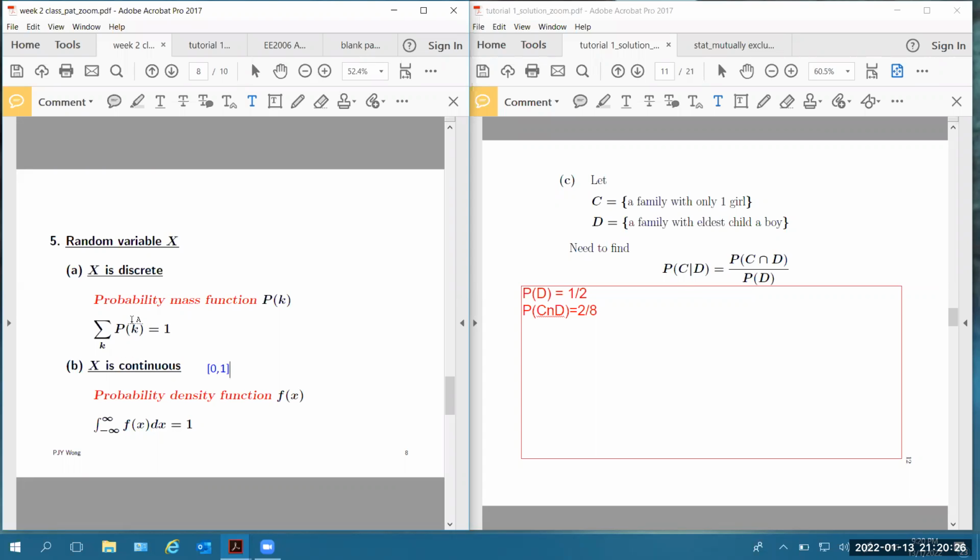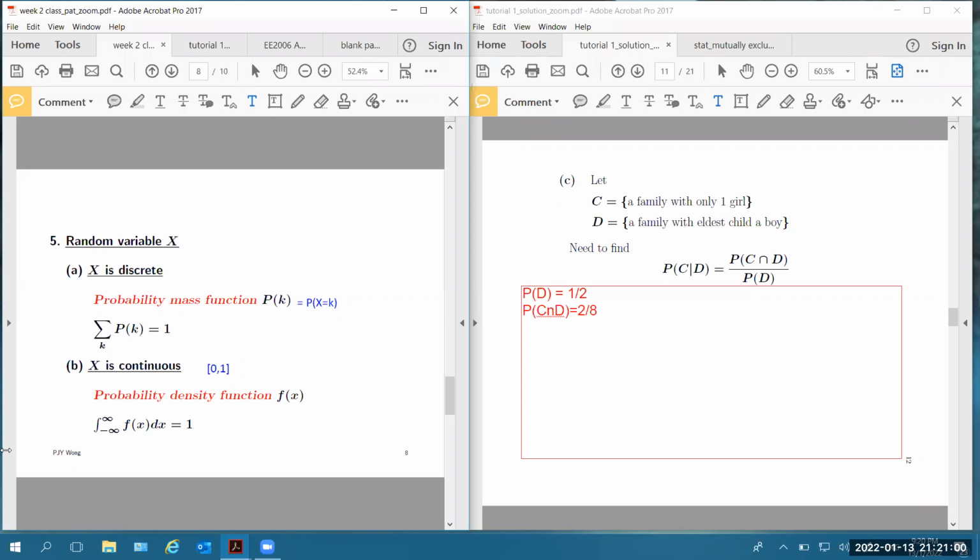So let's look at some of the properties here. Now, when X is a discrete random variable, we talk about this thing called probability mass function, PK. Now PK is a notation. So actually, what is the meaning of PK? It's a probability of X equal to K. So actually it's a probability that X takes the value K. Of course your K can change, right?